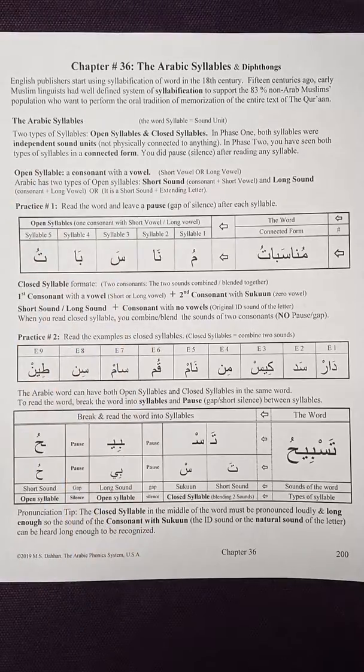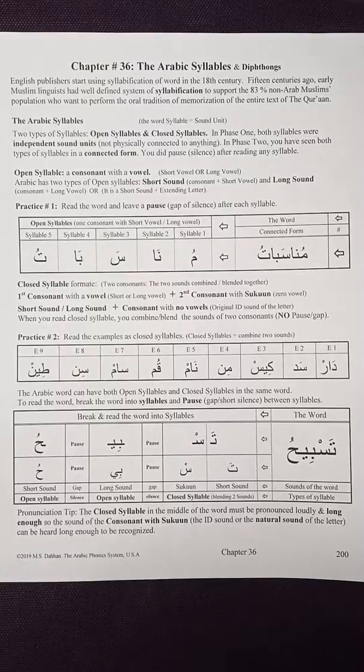The Arabic syllables. The word syllable, a long time ago, I used the word sound unit in phase 1. It could be a short sound or a long sound, and we have two kinds of syllables, and I introduced you to this in phase 1: open syllables and closed syllables.